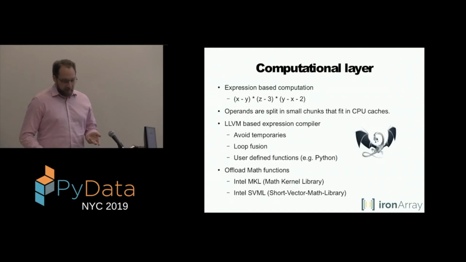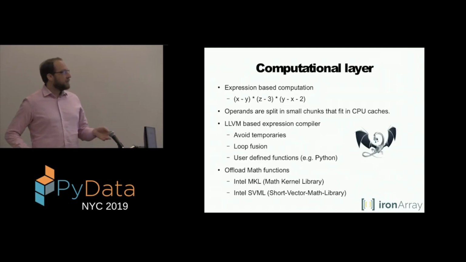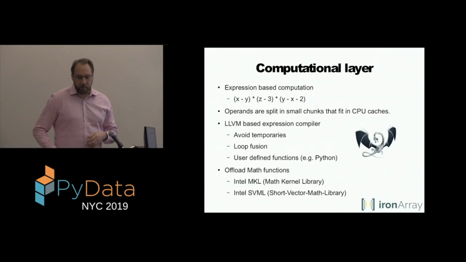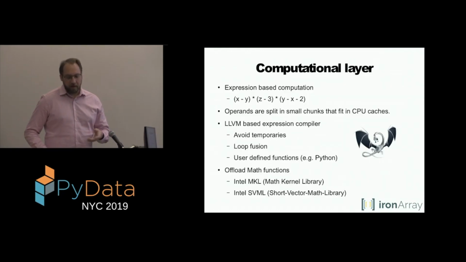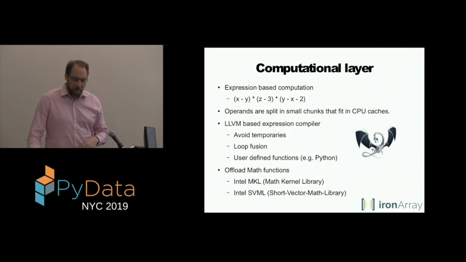When we talk about computations, what we mean is mostly expressions, because a single operation is usually not that common, and more common is that you have a series or a chain of different operations that you want to apply to your data. That's why we focus on expressions.